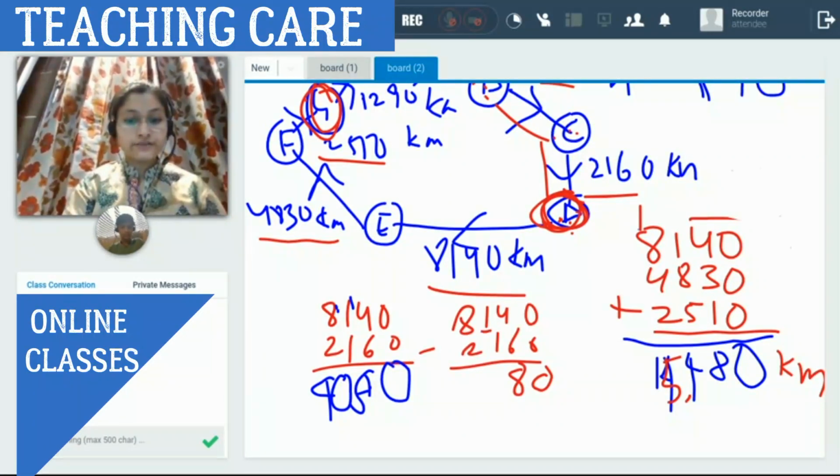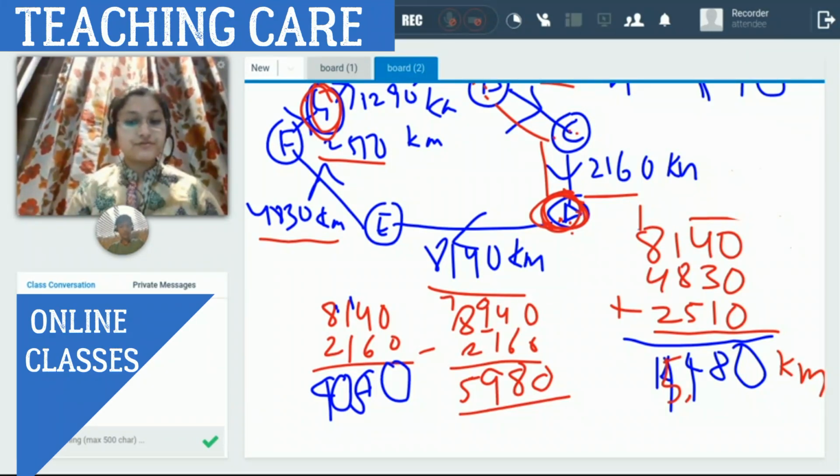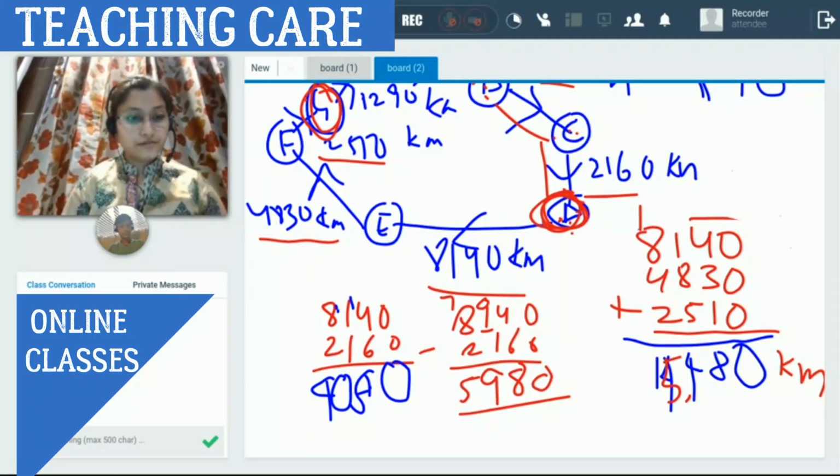Now if 14, then this 1 will become 0, so borrow 1. 10 minus 1, 9. This 8 will become 7, and 7 minus 2, 5. So 5980. I did it the other way around, but that was not the correct way.